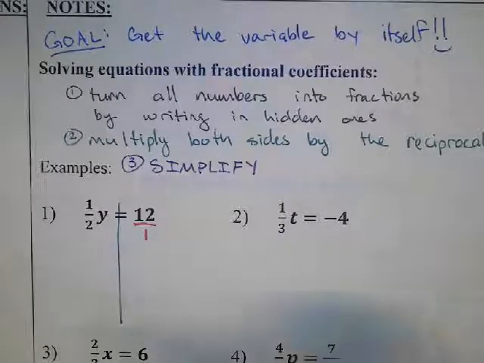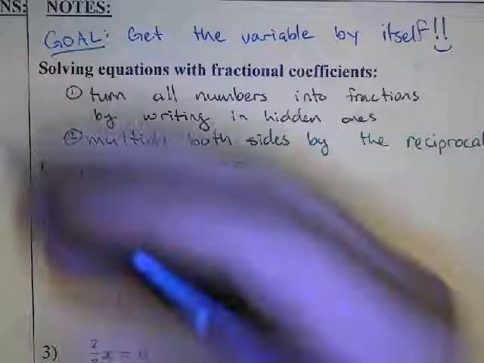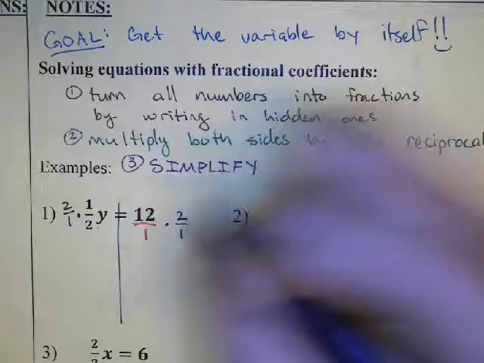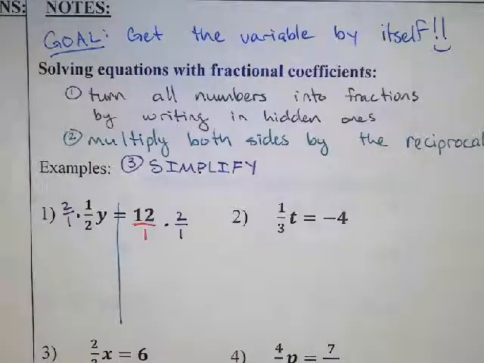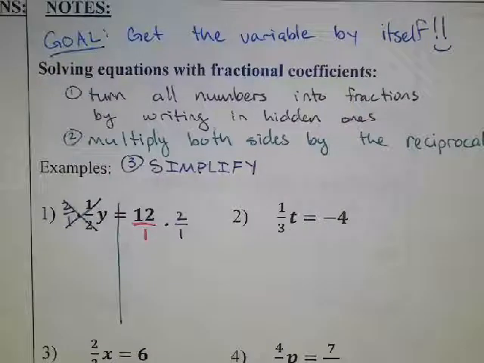We're trying to get rid of the 1/2. So to do that, I will multiply both sides by the reciprocal. So I'll multiply both sides by 2/1. Just like our last lesson where the fractions would cancel each other out, they cancel out.